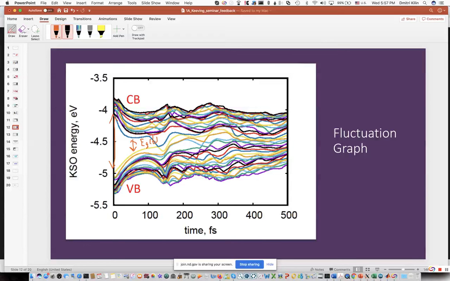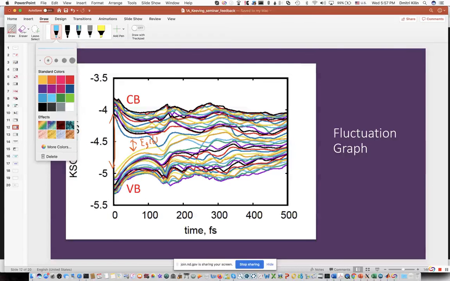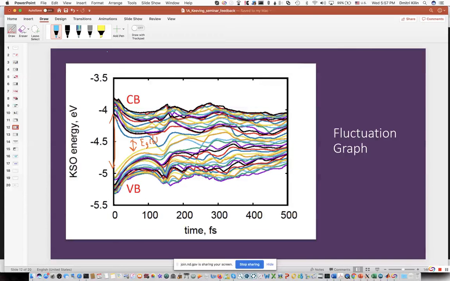We know that the position of each ion is dependent on time, and the energy of each orbital is dependent on the nucleus. So this implies that the energy is dependent on time. This is why my band gap and the energies change with time, and why the band gap gradually decreases to 0. I just wanted to make a quick note of that.